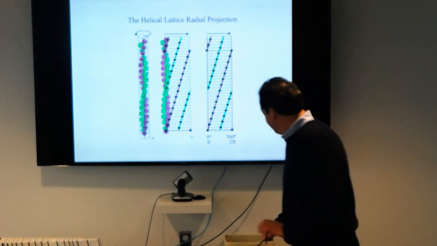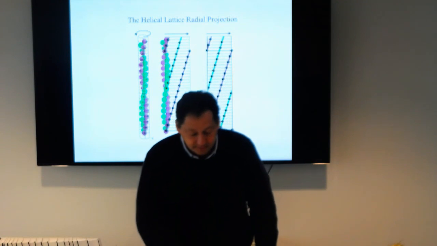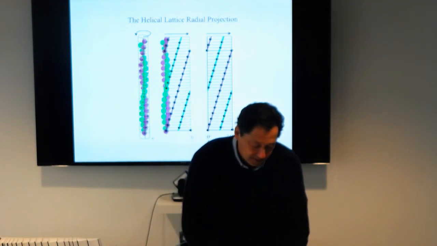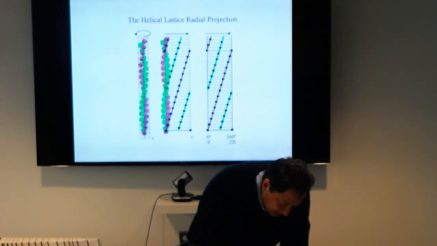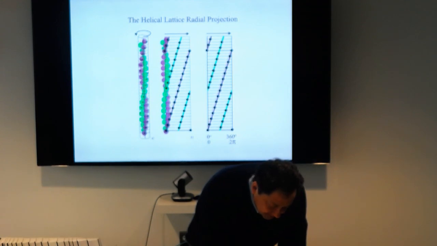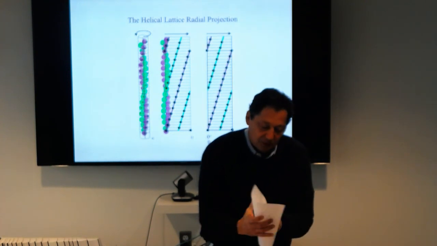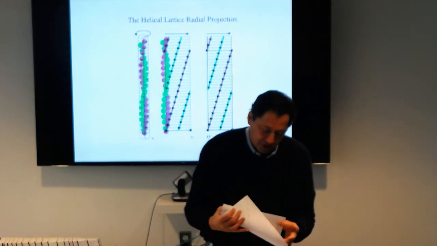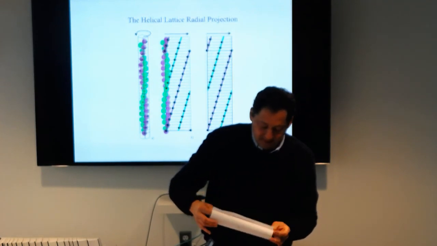So imagine that you have a piece of paper. Yeah. So it's actually easier to draw. Let's draw a simple helix here. Okay, so this will actually be your helix, in real space.